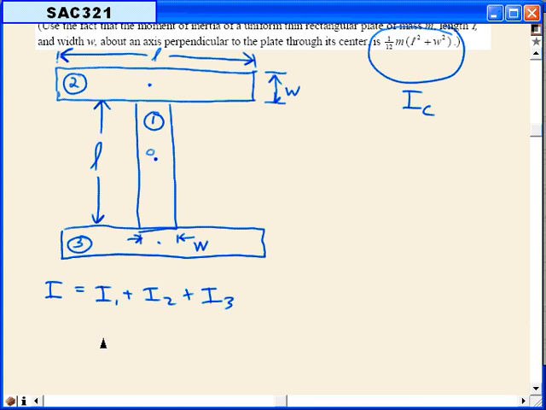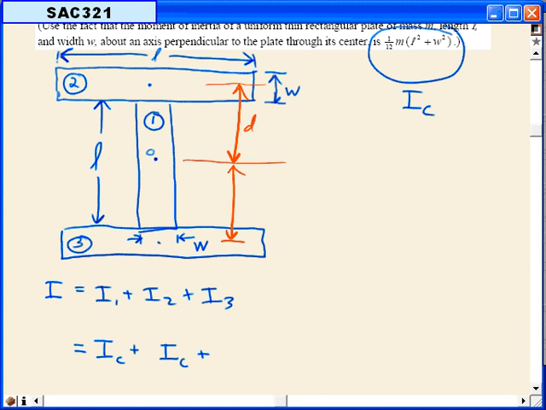I2, on the other hand, will be given by the parallel axis theorem. I think I'll go ahead and call that IC. It's going to be the moment of inertia with respect to its center of mass plus the distance that its center of mass is, squared. So that'll be this distance right here. I'm working on number 2, so it's actually this distance. And I call that distance D. But it's the same as this distance.